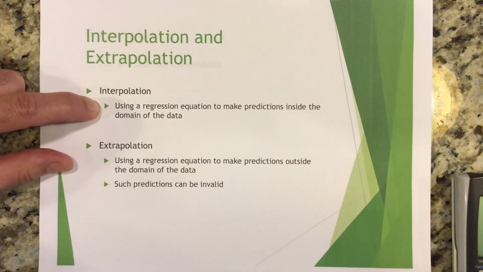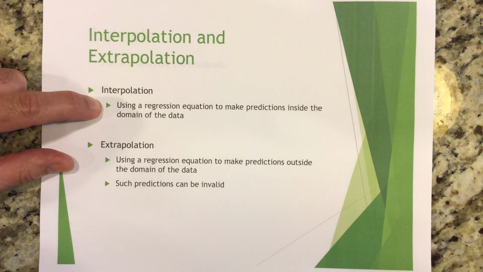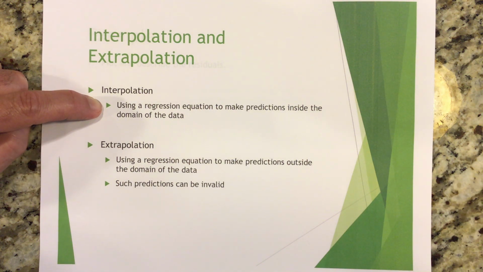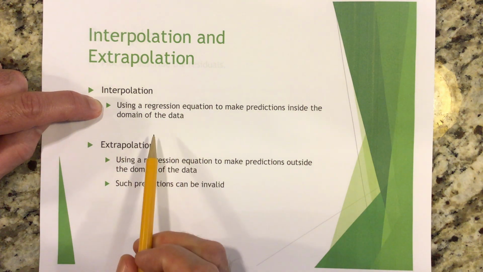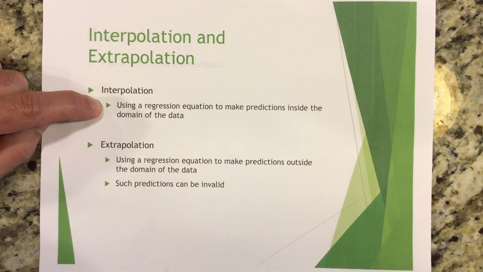So anytime you make a prediction from here on out, you don't spit out the number and move on. You need to say, this prediction is interpolation with a strong correlation, so it should be fairly accurate. Or the prediction is interpolation, but I have a very weak correlation, so I'm not too confident.